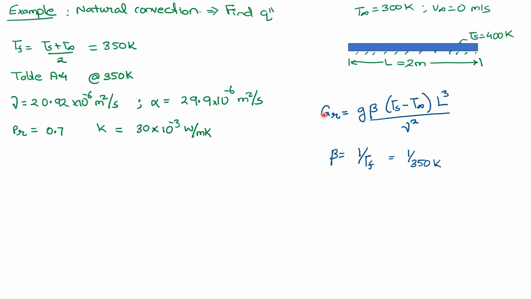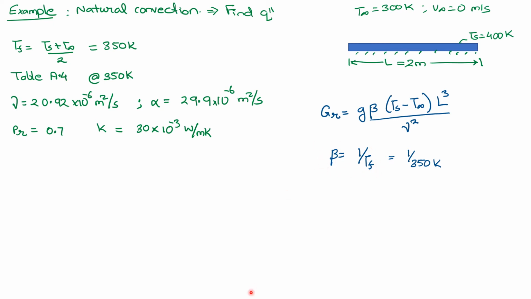So if you see that Grashof's number and Rayleigh number play an important role in natural or free convection, and the only thing that we don't know in the formula of the Grashof number is the beta, that's the thermal expansion coefficient, and we can estimate the thermal expansion coefficient by using the film temperature.